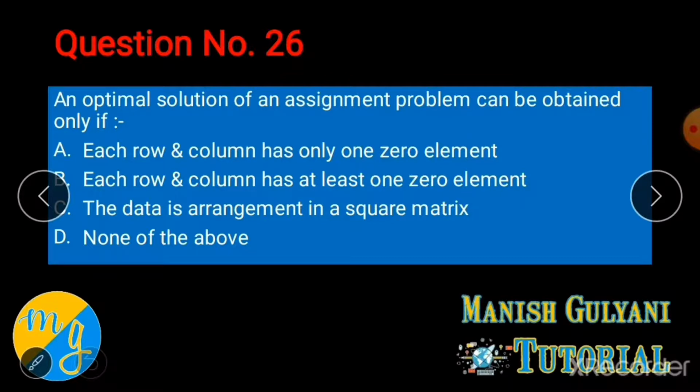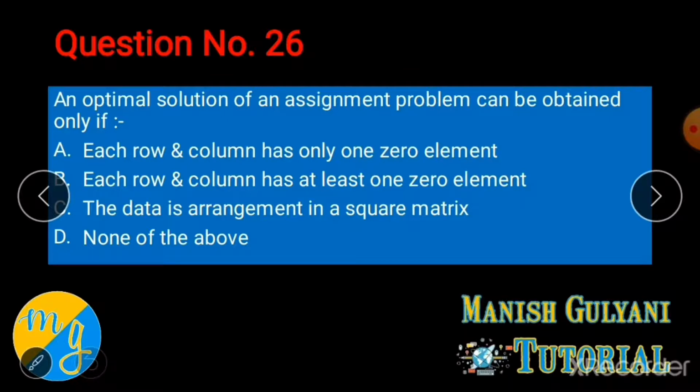When you obtain your optimal solution, each row, each column has only one zero element. Each row and column has at least one zero element, and the data is arranged in a square matrix, or none of the above.